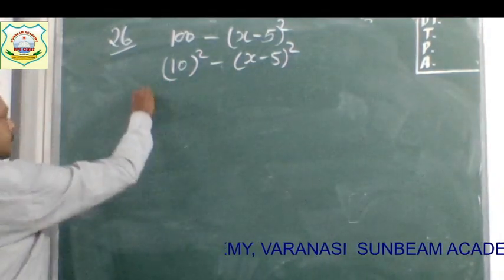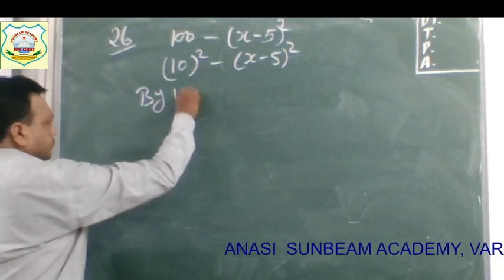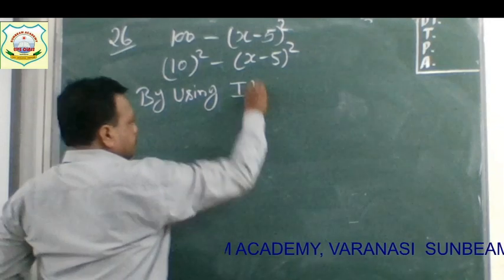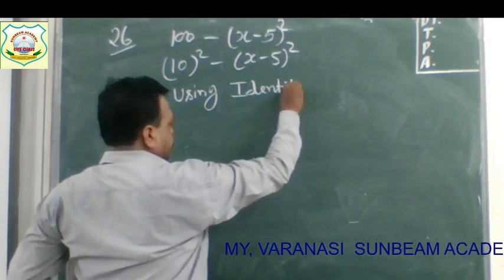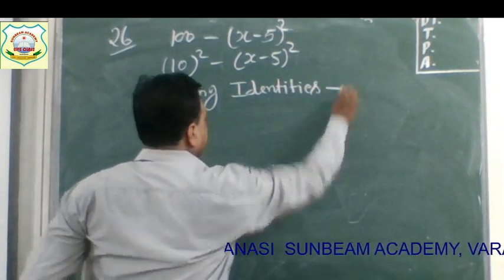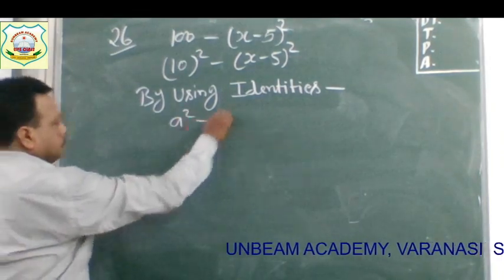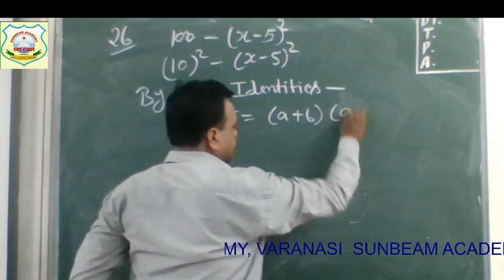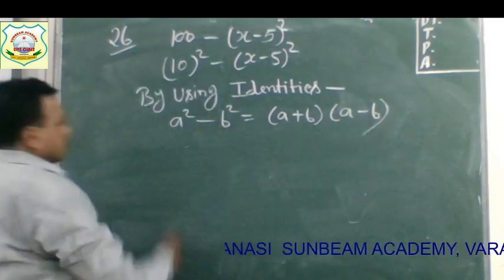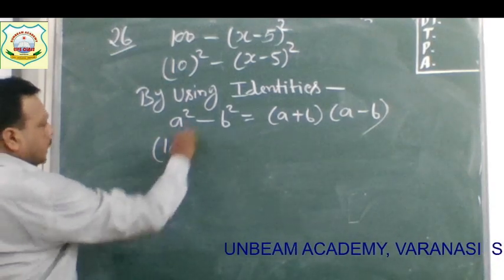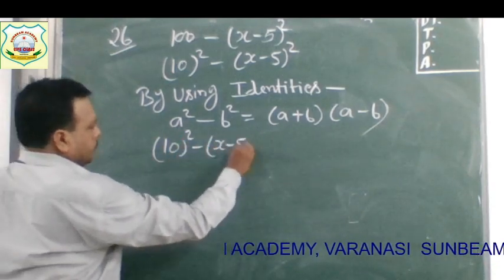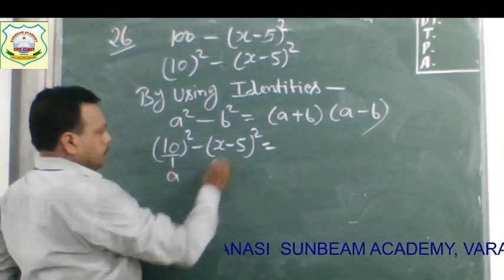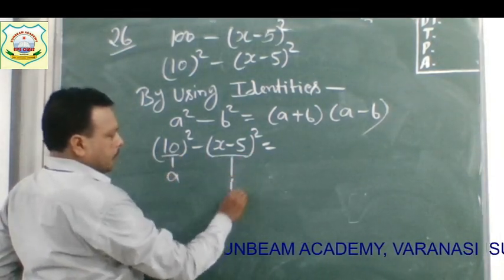So by using the identity a square minus b square equals a plus b and a minus b: ten whole square minus x minus 5 whole square equals, ten is the a and b is x minus 5.